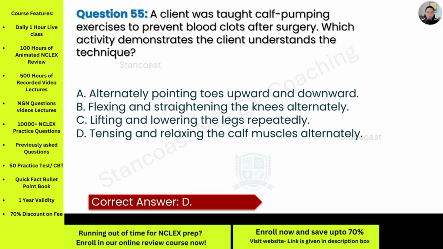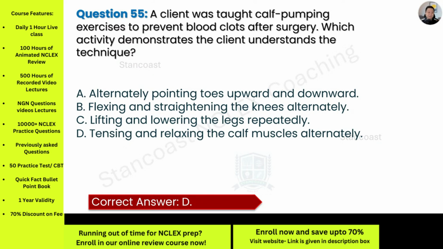The cough pumping exercises involve contracting and releasing the calf muscles to promote circulation and are intended to reduce the risk of blood clots. If you selected letter A, this is dorsiflexion and plantar flexion, which primarily stretch the tendons and will not adequately engage the calf muscles.